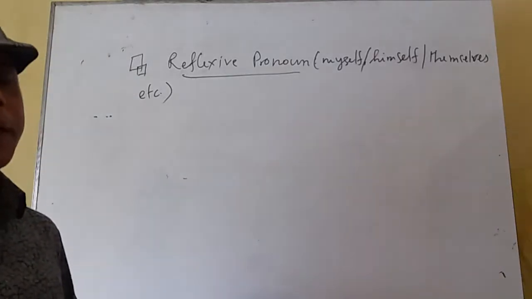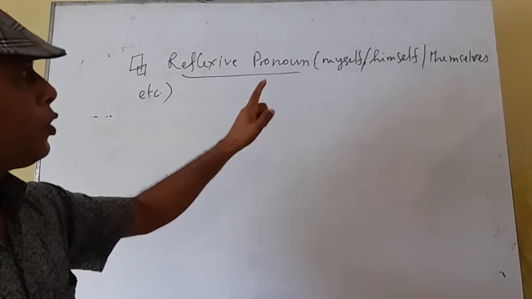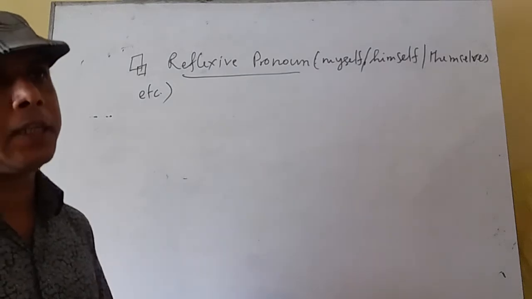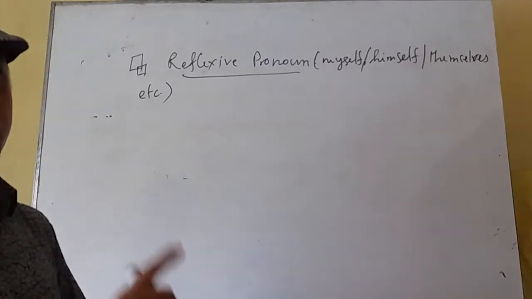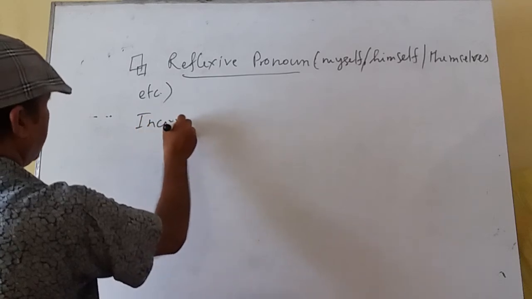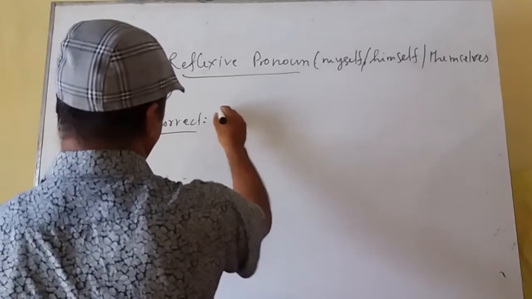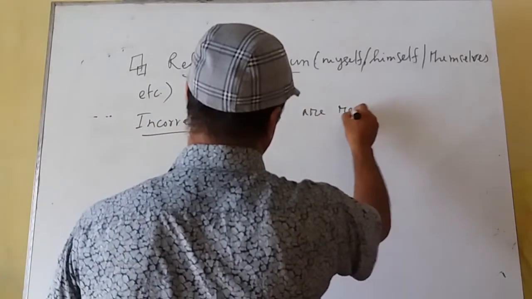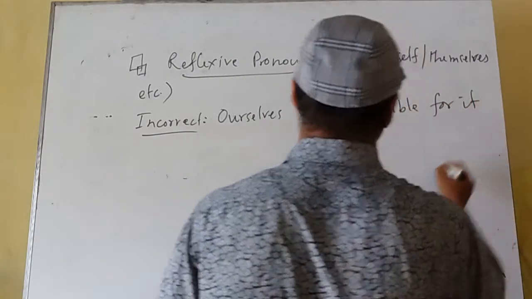If you find in the question the use of a reflexive pronoun as subject, you have to make it subjective form, or you can use a subject before it according to the sentence. Incorrect: Ourselves are responsible for it.